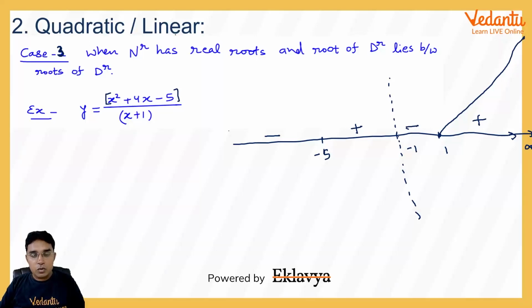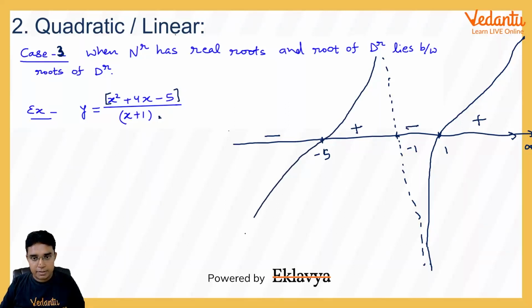Towards the right of minus 1, the denominator will be approaching a very small value, whereas the numerator will be a finite value. So here this will be taking minus infinity because it has to be negative. About this danger line, my graph will always be either minus infinity or plus infinity. Similarly, at minus 5 the numerator becomes 0, so our graph will be like this.